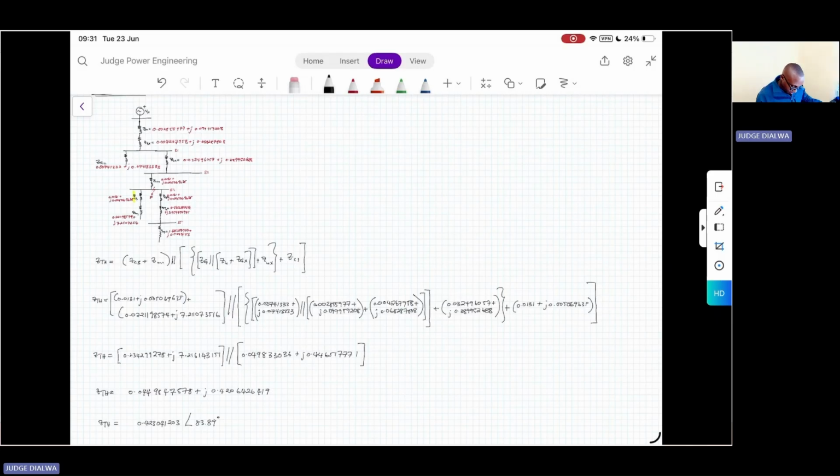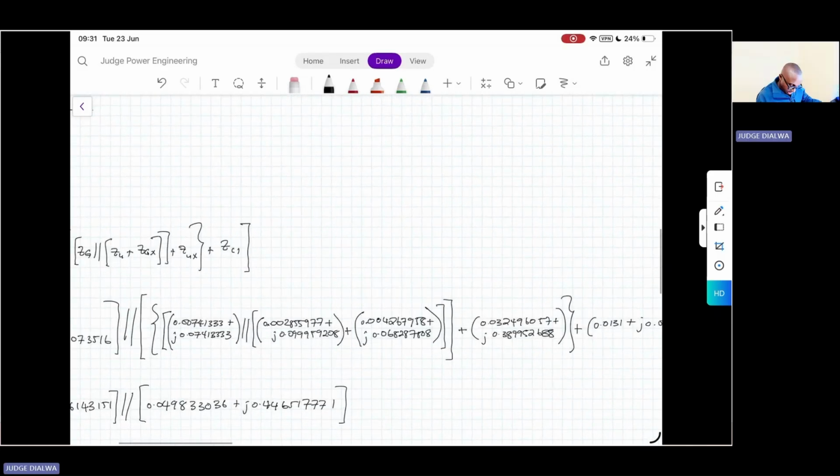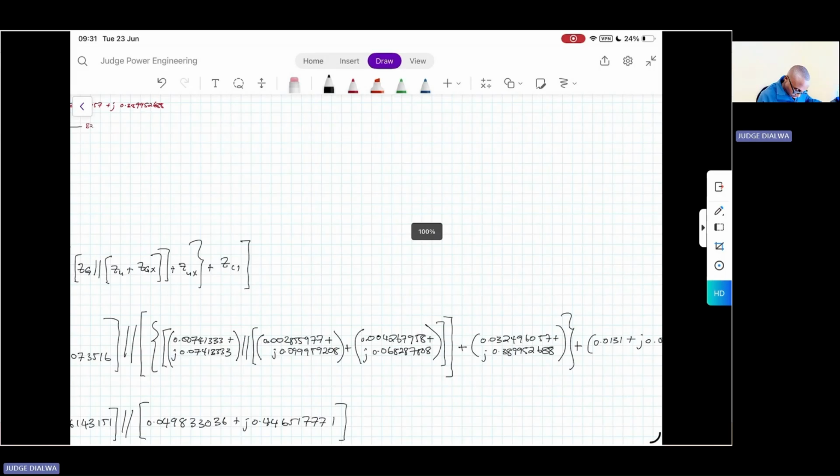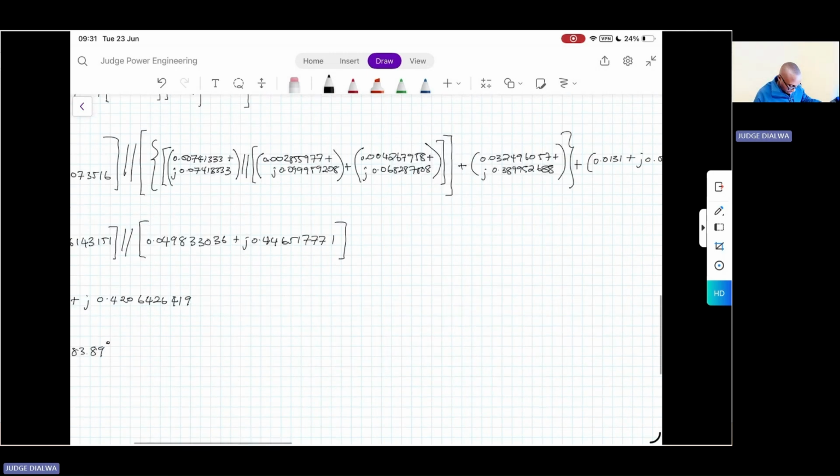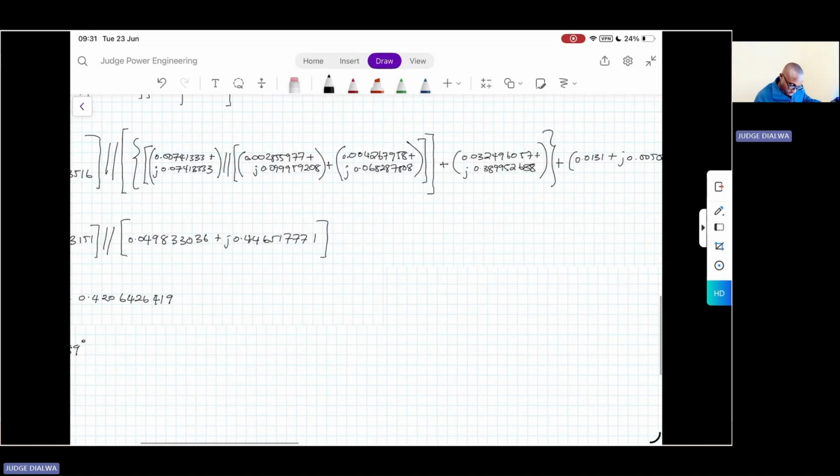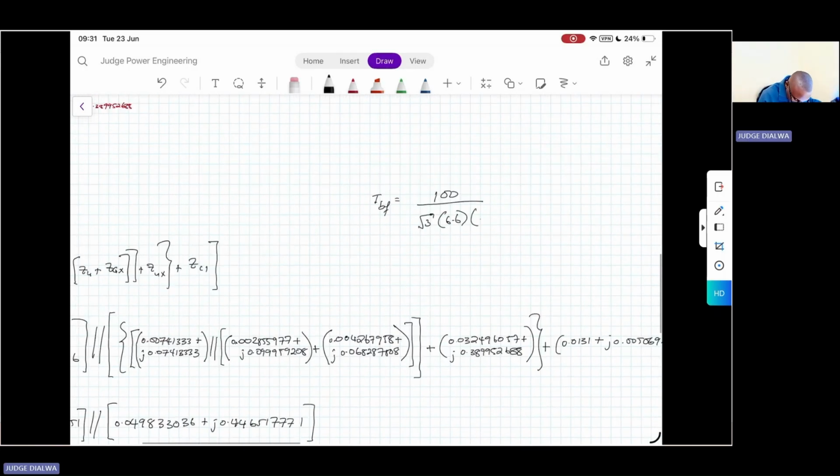And then we can compute our fault current. Our fault current would then be our base MVA divided by square root 3 multiplied by the voltage, that is 6.6, multiplied by the magnitude of our impedance, 0.423 and the rest of it.